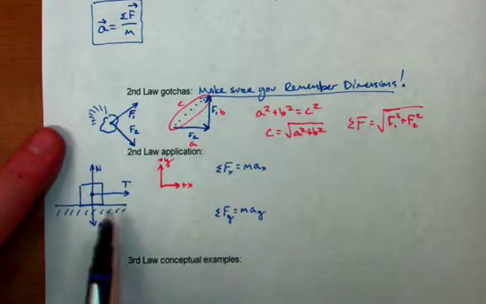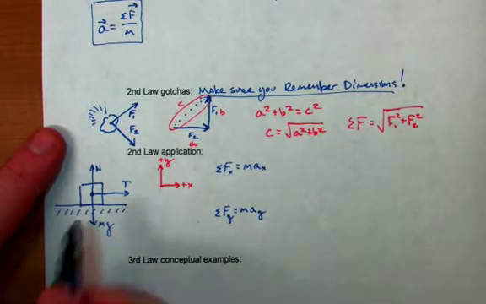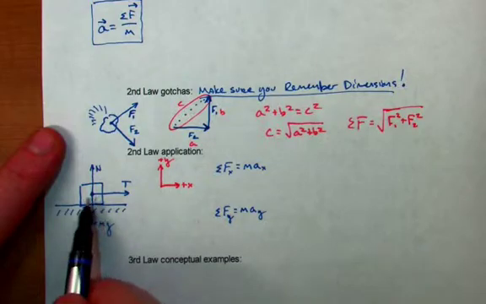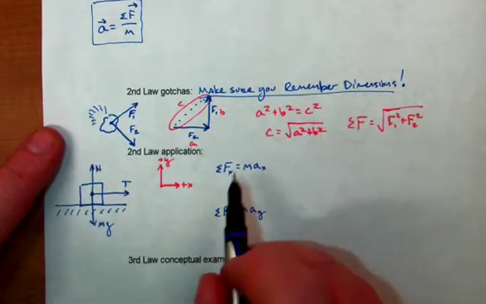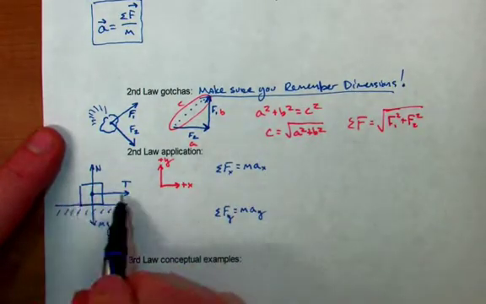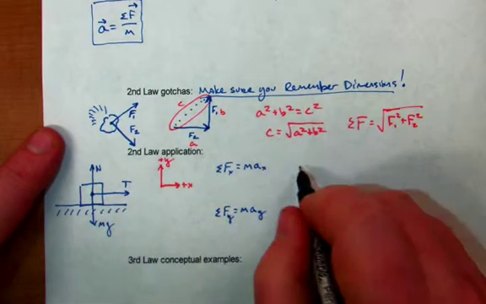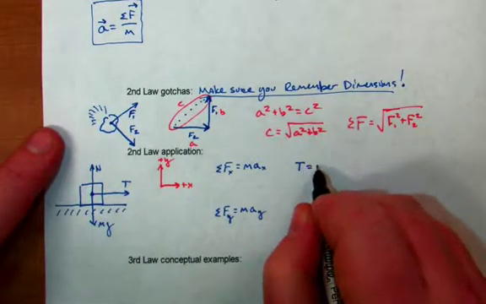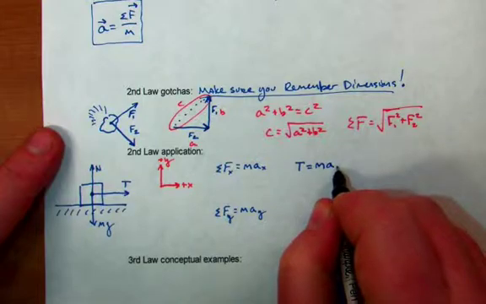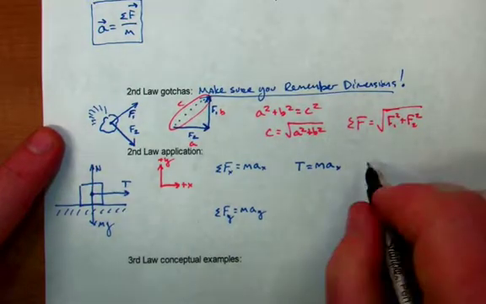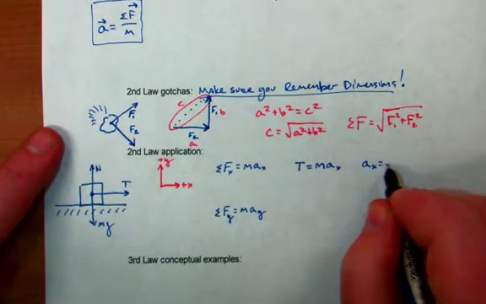Okay, so if I look at my forces, let's start with the x dimension. I told you this was frictionless, so there's only one force, and that's that force T. So the sum of my forces is just the forces in the x dimension, which is only T. So I could write T equals m times whatever my acceleration in the x dimension is. And I could solve for that acceleration if I wanted to. It would be T divided by m.